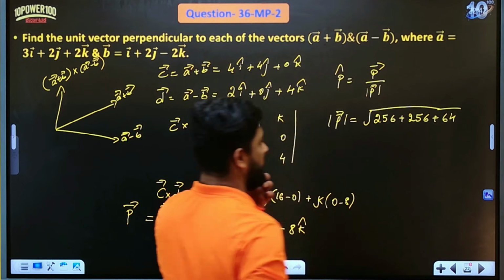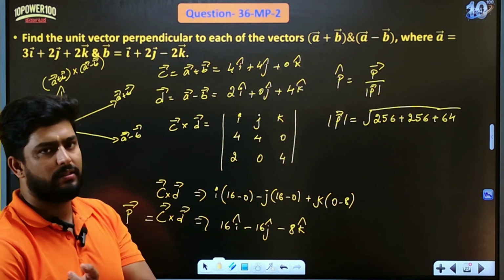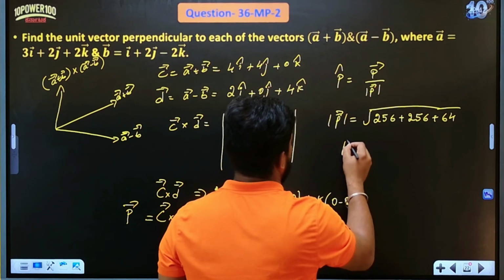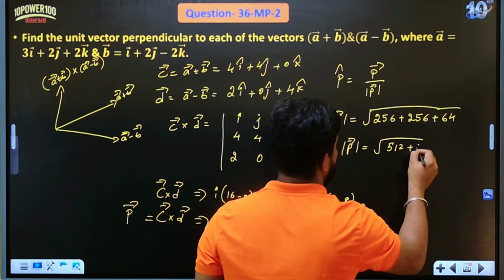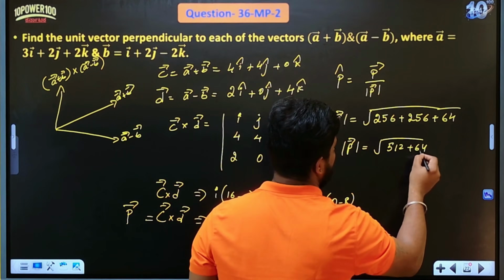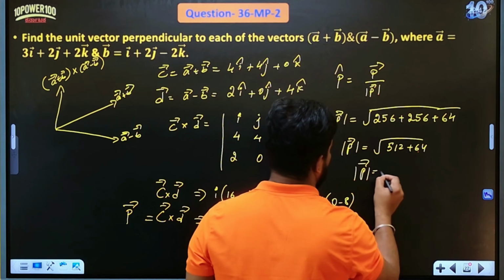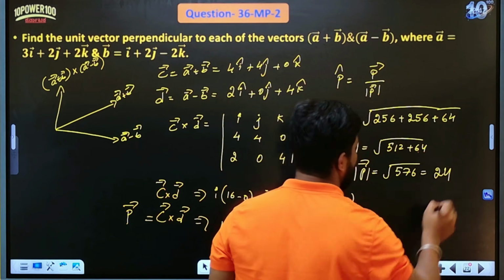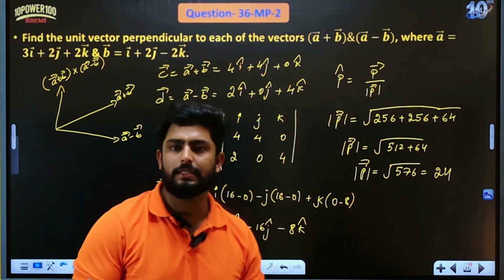So 256 plus 256 is 512, 512 plus 64 is 576. Magnitude of P is nothing but root 576. That is nothing but 24. So square root of 576 is 24.